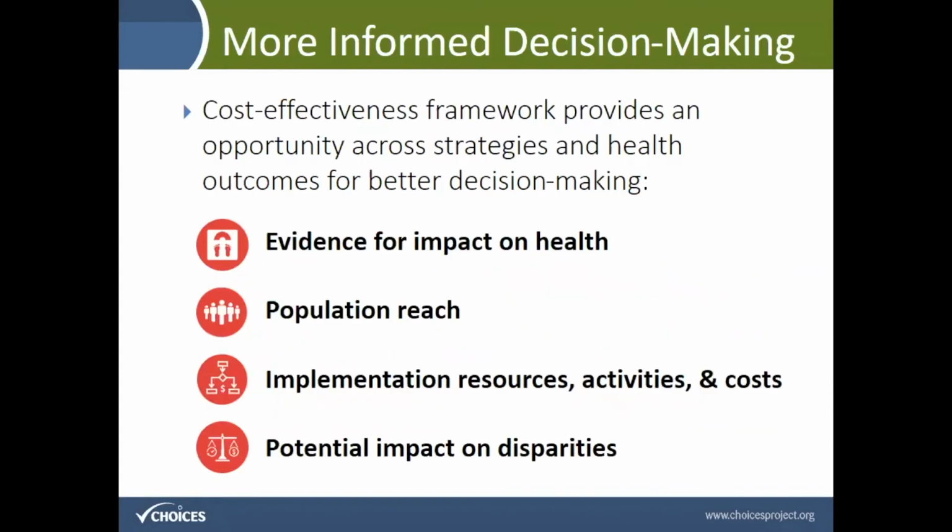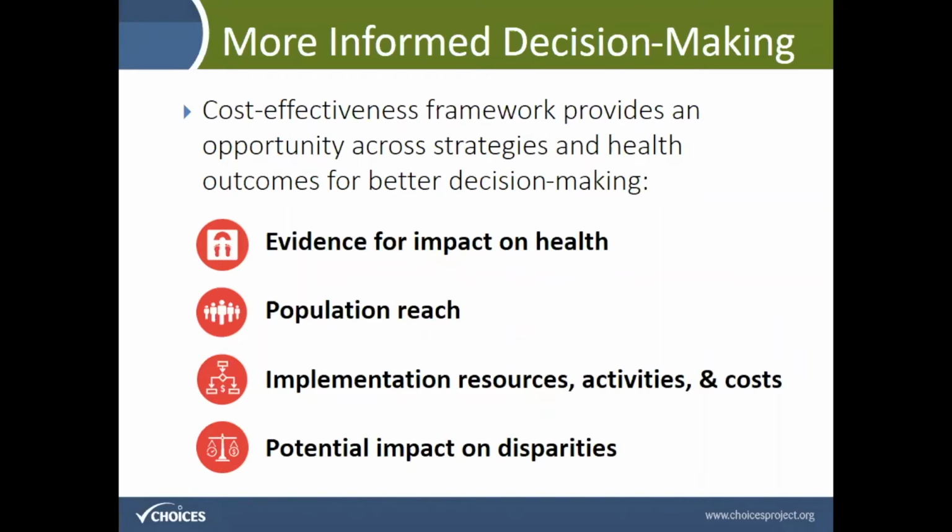This provides us really a nice framework to develop better decision making. It does require that we look carefully for evidence for impact on health. We'll talk about that a bit. The population reach of interventions: do they reach a few people or a lot of the population?